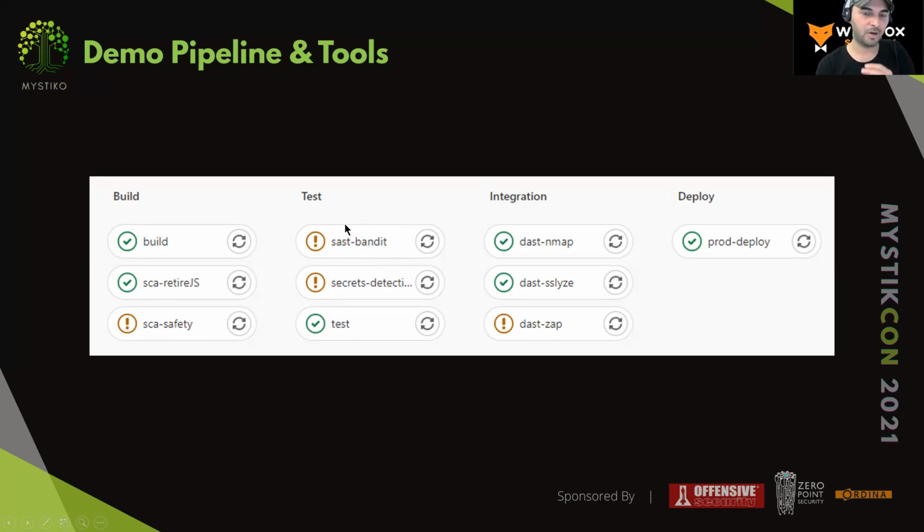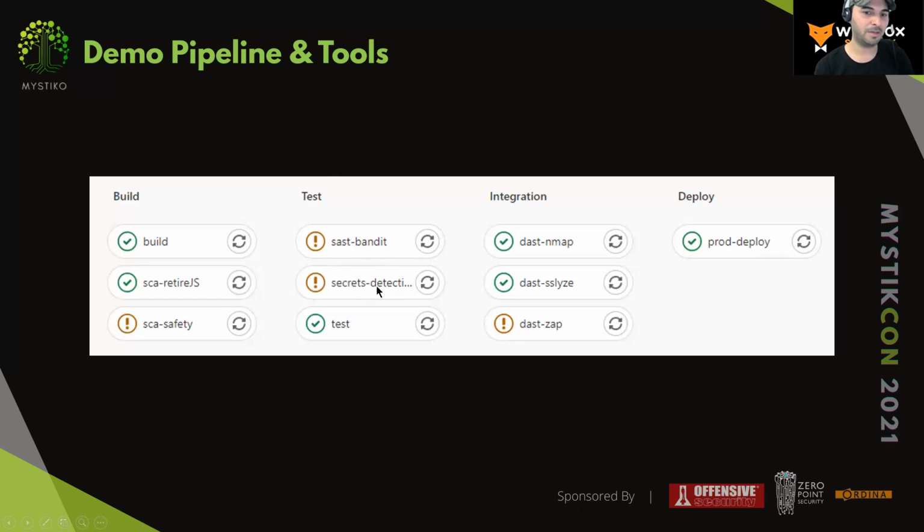And then we've got another stage, which is the test stage, and we've implemented Bandit. Bandit is a tool that can do static code analysis for a Python code base. That's why, in the name, we try to give a little bit of a suffix here, so you can actually see what sort of tooling it is.